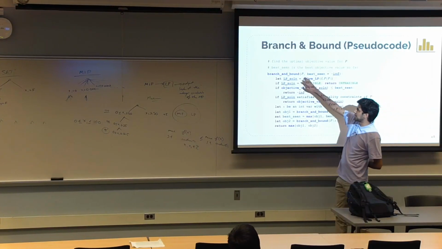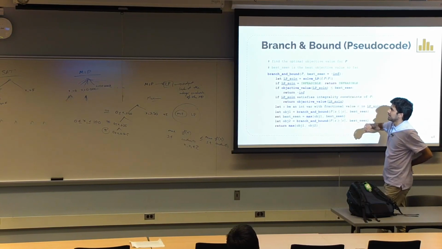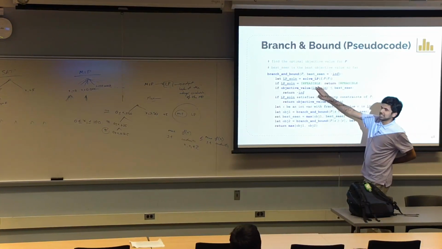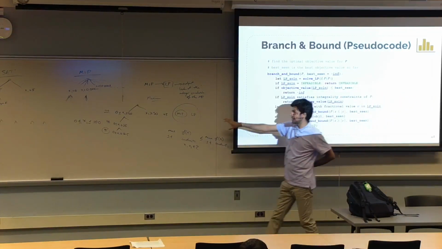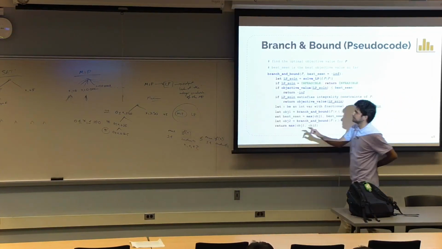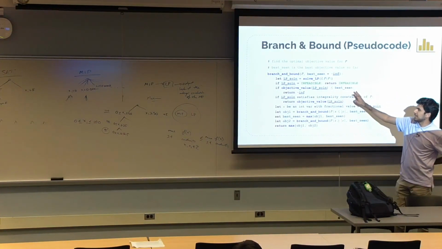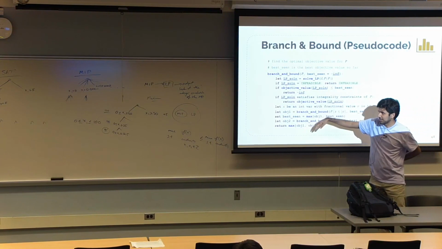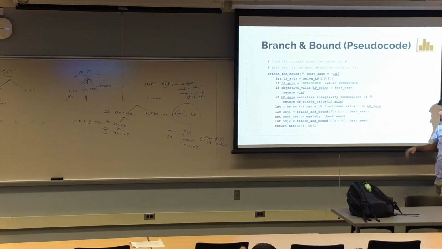Given a mixed integer program P, we'll put it into our LP solver. If our LP solver says it's infeasible, we're going to return infeasible, because LP encapsulates MIP. If the objective value is less than or equal to the best seen, we'll just return something very, very small. It's a maximization problem. That's sort of what I was getting at. We'll see it in a moment.